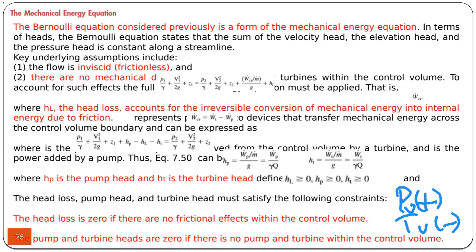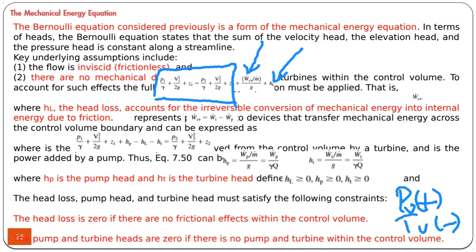So with the addition of pump or turbine, and also if you assume that there are losses due to friction, the original Bernoulli equation has some additions. On the left-hand side, you have the point 1, but on the right-hand side, you have the right-hand side plus the additions or subtractions from the pump and turbine plus frictional losses.